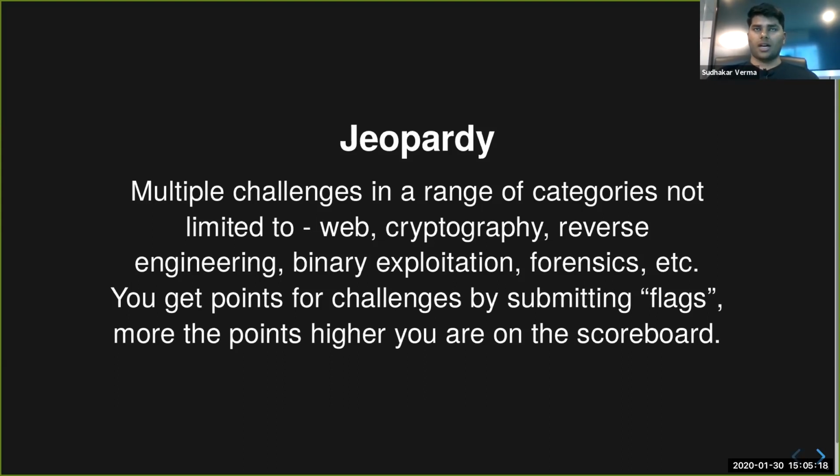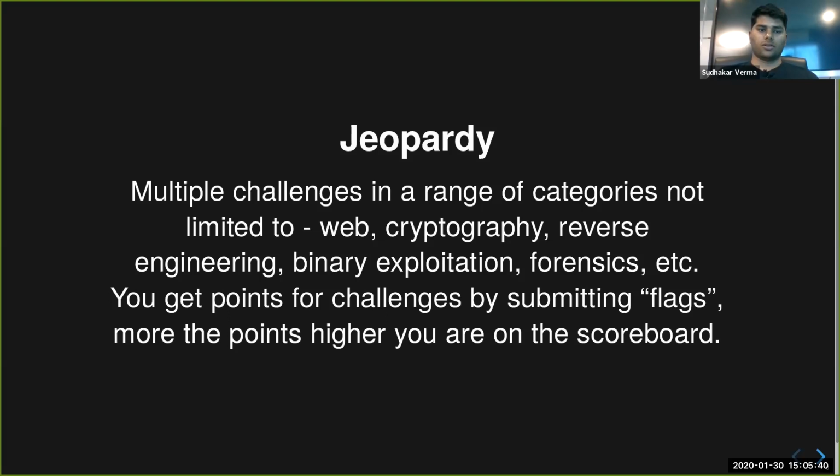Apart from these categories, there could be AI/ML involved. There could be miscellaneous challenges which need some sort of AI/ML solutions. These challenges usually have different difficulty and hence different values of points. You get points by submitting these flags.